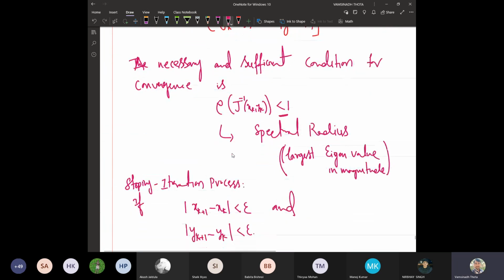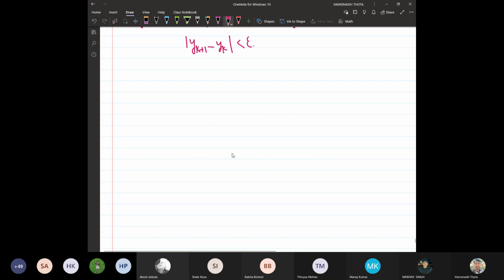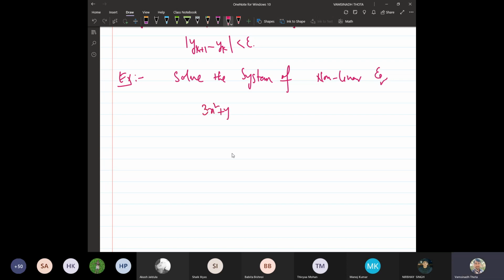Now let us do one exercise. Solve the system of nonlinear equations given by 3x squared plus y squared is equal to 4 and x squared plus xy plus y squared is equal to 3.